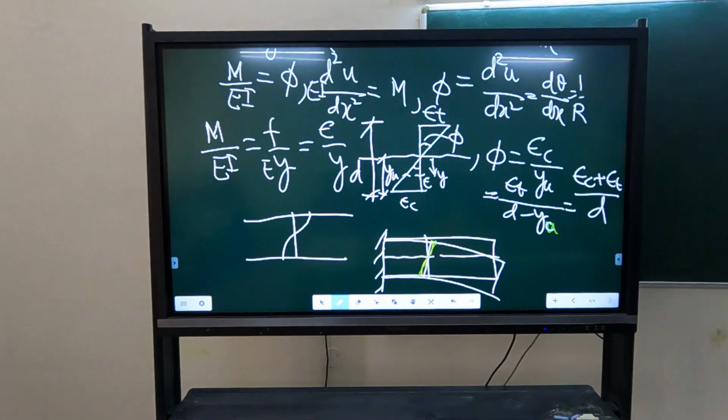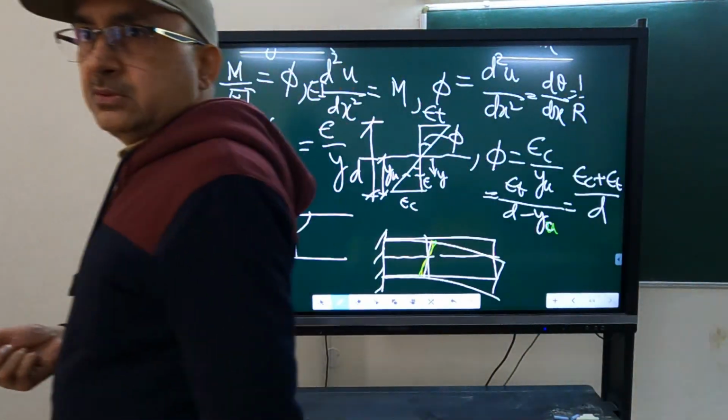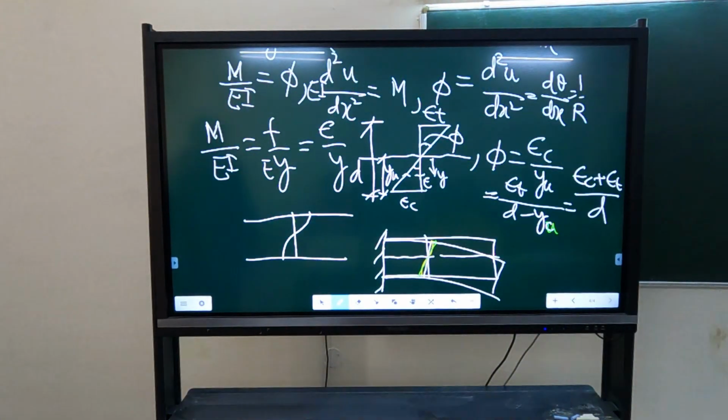So yu is going to be small, and if you are considering the first expression, you will make error. So either second or third. It is always better to use third expression, where you sum epsilon c and epsilon t and divide by the total depth.